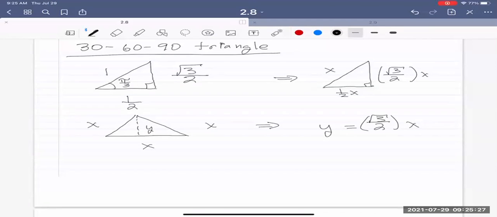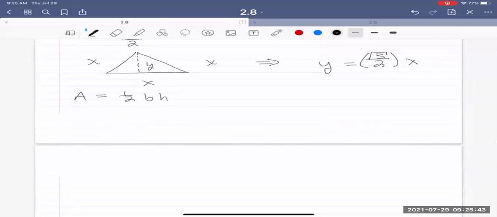Okay. So, area, 1/2 base times height. So the area of a triangle is 1/2 base times height, which is root 3 over 2 x.